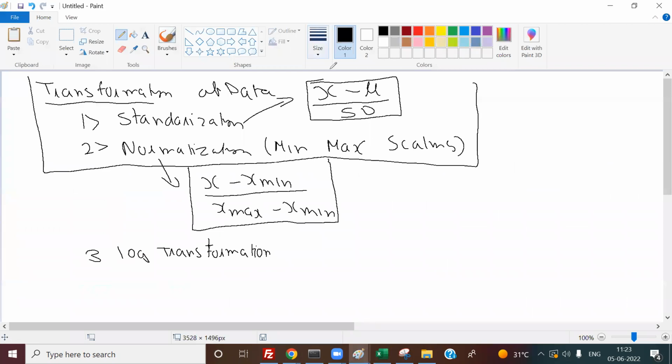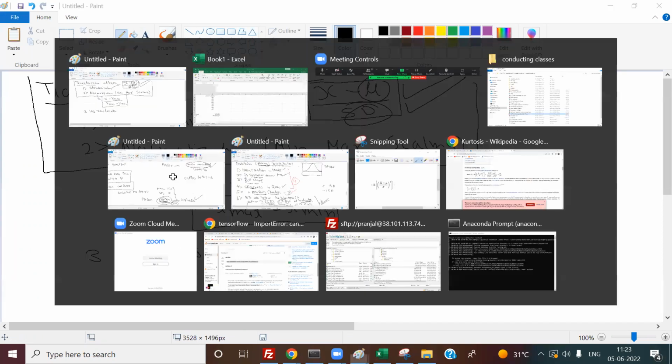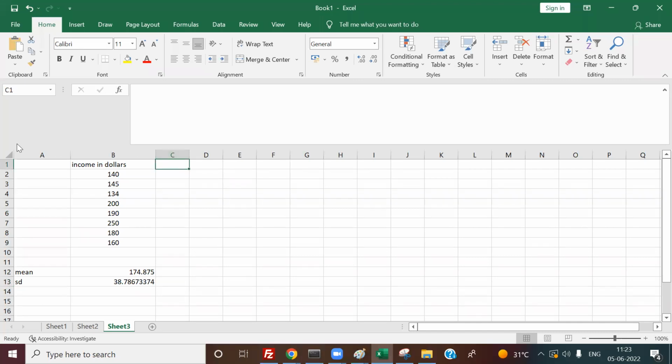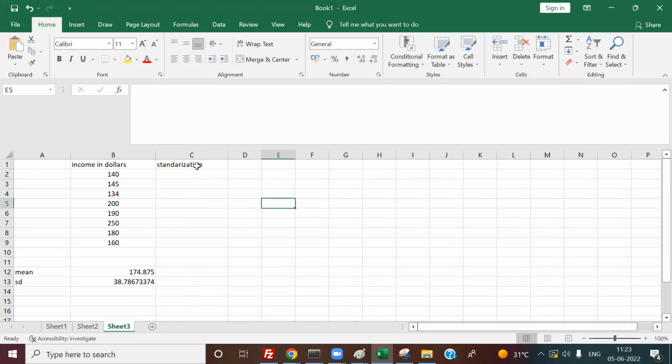If I want to standardize this data, then I'll use this formula: x minus mu upon sigma. So I have the mean and the standard deviation. Let's apply this. Remember, yesterday we found the standard deviation using x minus mu.